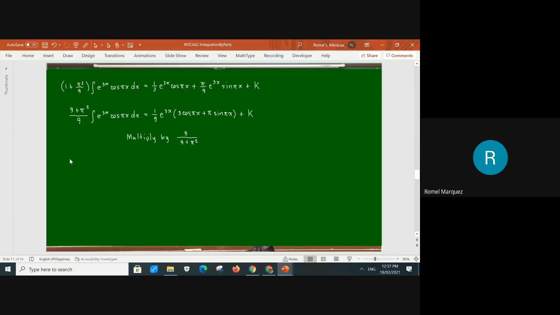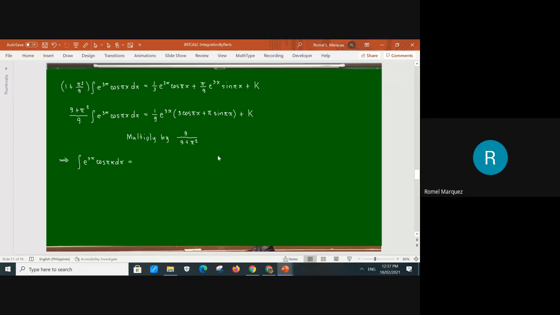So, hence we get the integral of e to the 3x cosine of pi x dx, and that is equal to this. I'll just copy.